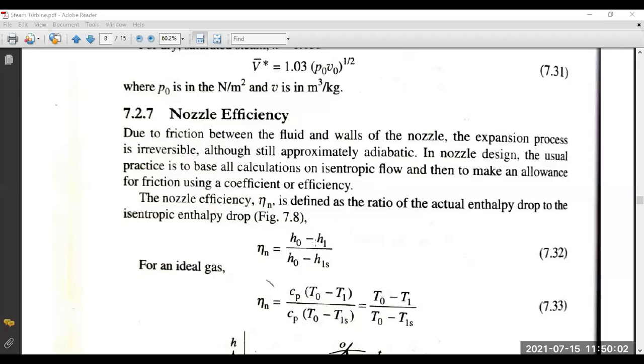So here the inlet velocity, or V0 at the stagnation point, is very small, because we are reaching the stagnation point by stopping the flow totally, and thus we find out the state reached, which is the stagnation state.